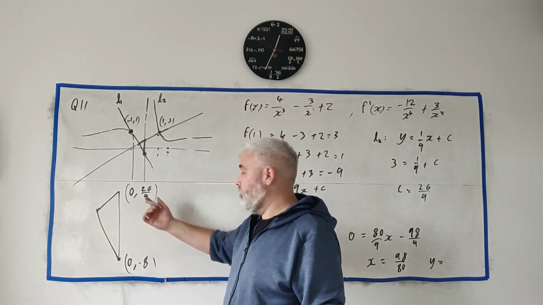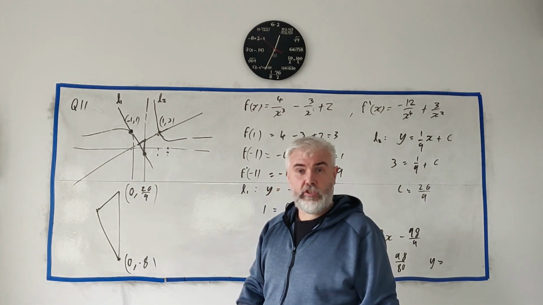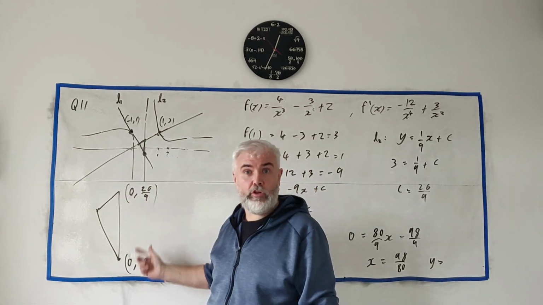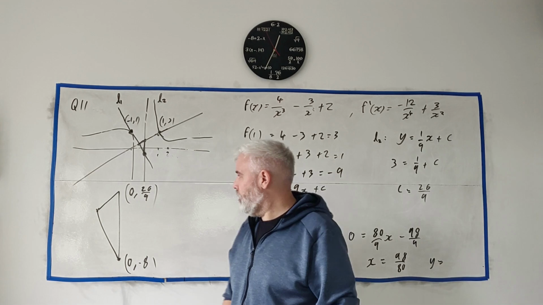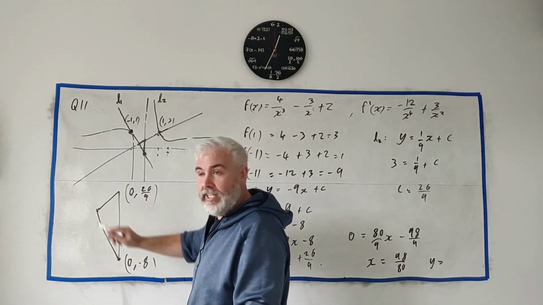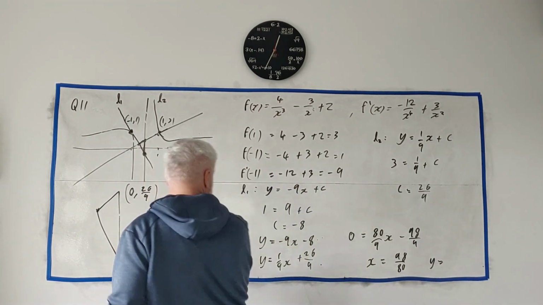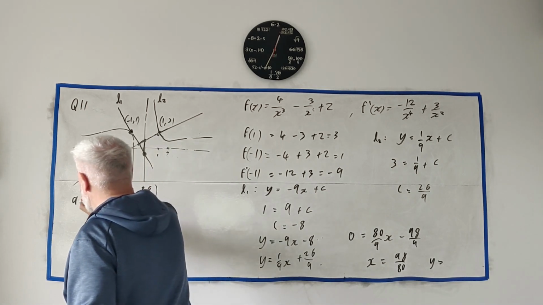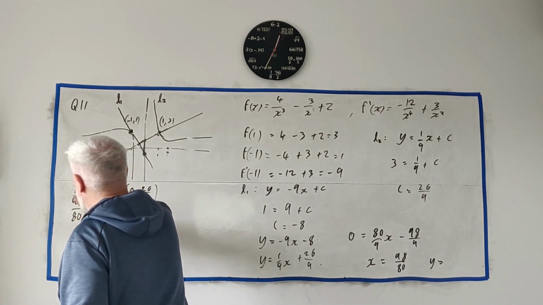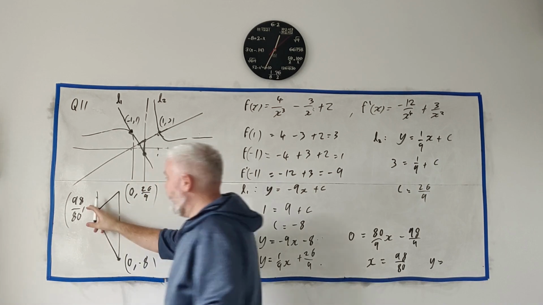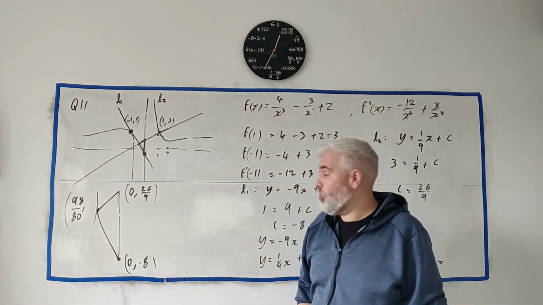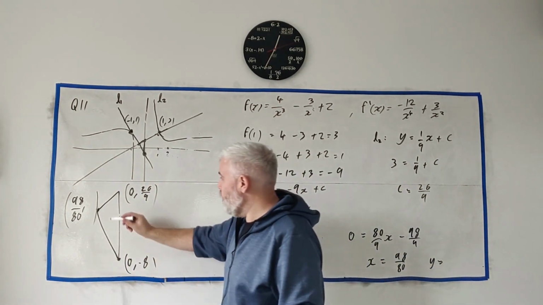And at that point, there's a few ways to get the area of a triangle. One of them is if you knew all 3 points. But there's actually a clever way with only the x. This point here is 98/80 and something. I thought it was a neat little trick. We don't need to know the something, because look what x tells you.